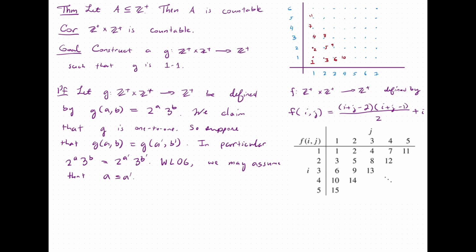Now, by having this, we can now divide. Then, we get 3 to the b is equal to 2 to the a prime, 3 to the b prime, over 2 to the a, but exponent rules allow us to rewrite this as 2 to the a prime minus a, 3 to the b prime.